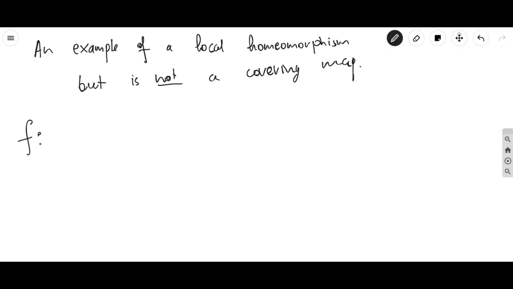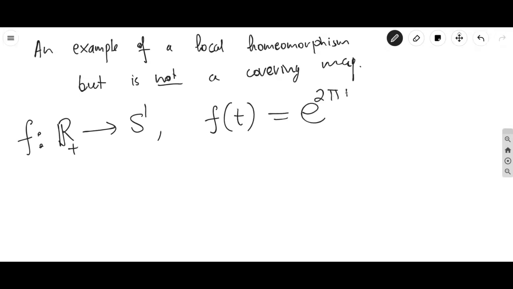So here we're going to have the following function. It's going to go from the positive real line to the circle, and this is going to be f of t equals e to the 2 pi i t. So it's just like before, except we're not using the entire real number line. We're only using the positive portion of the real number line.